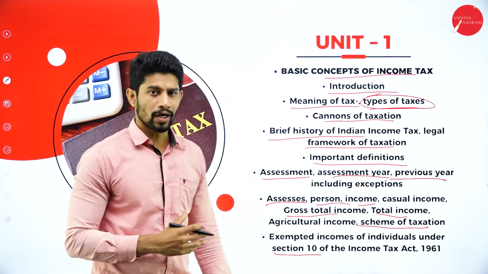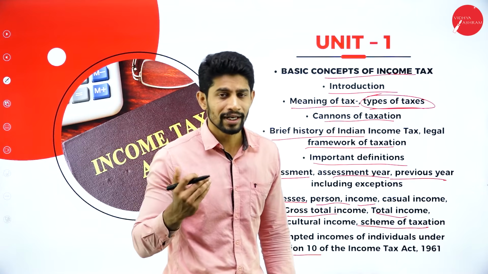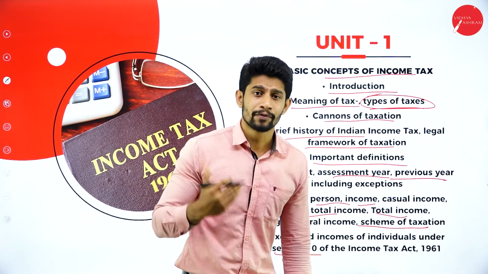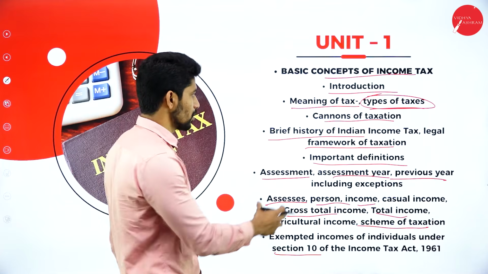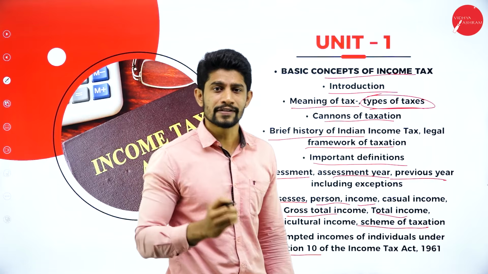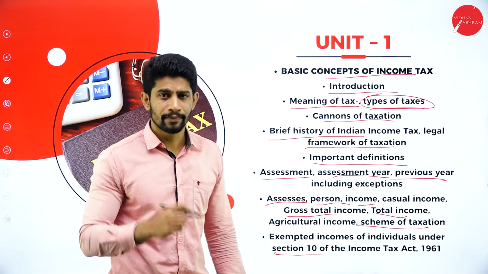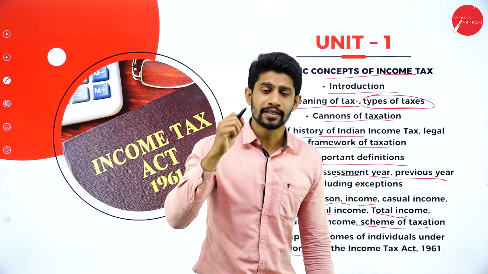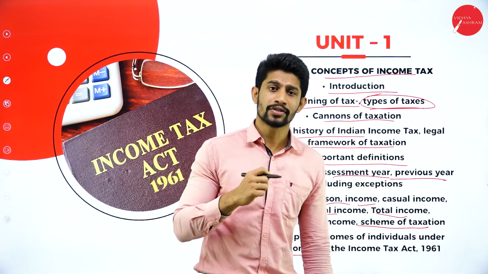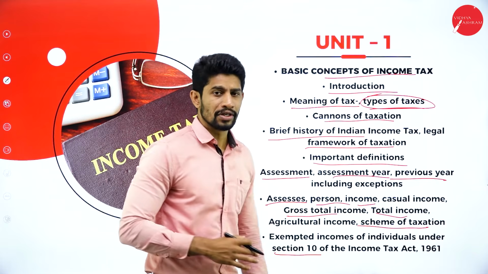The definitions we are going to study in this unit will definitely come in your exam for at least 15 to 20 marks. So this chapter is very important, and this chapter purely deals with theoretical aspects of income tax. Unit number 1 fully deals with theoretical aspects. You are not going to solve any problems in this unit.